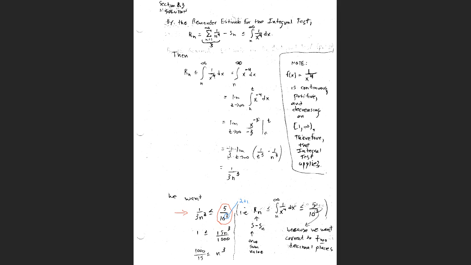If we wanted the estimate to be correct to 4 decimal places, we would have 4 plus 1, so 10 to the 5th in the denominator. And the 5 in the numerator is just there to ensure that you get the precision you want. All right, Tina, does that make you feel a little more comfortable?